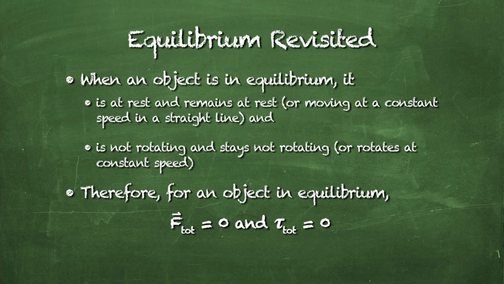Therefore, for an object in equilibrium, the total force on the object is zero, but also the total torque on an object is zero. So whenever we think about an object being in equilibrium, we think of something that is not moving and stays not moving, but also its angular acceleration is zero, which means that the total torque on that object must also be zero.